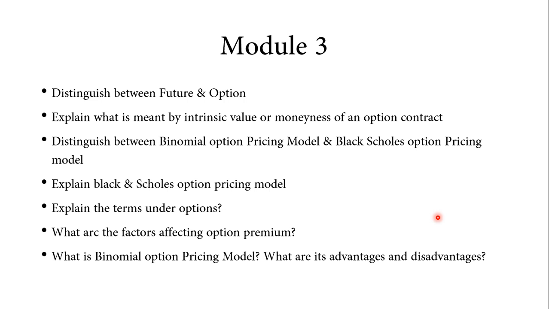Next we can also have, individually, explain the Black-Scholes option pricing model. Then what are the various terms which are used under options. Next is what are the factors affecting option premium. And lastly, what is the binomial option pricing model and what are its advantages and disadvantages. These are all the questions which come under module 3. You all can go through it once.